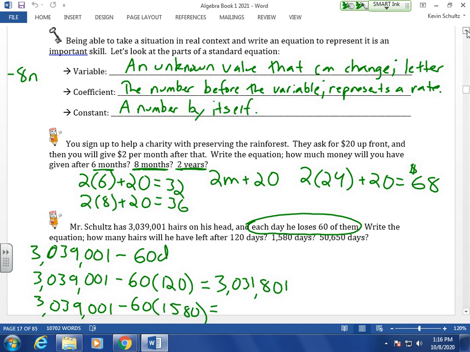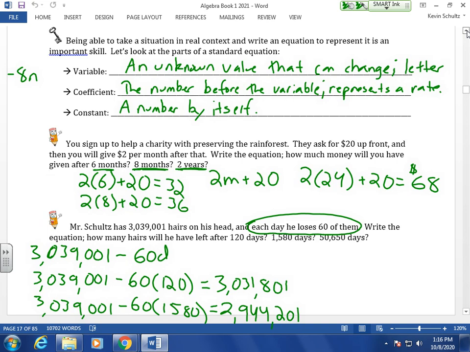Camden? 2,944,201. Do you have a second on that? No, that's right. We're good? Okay.